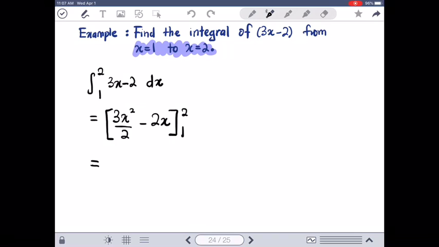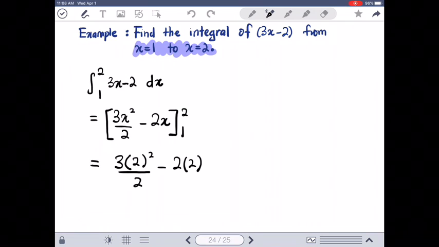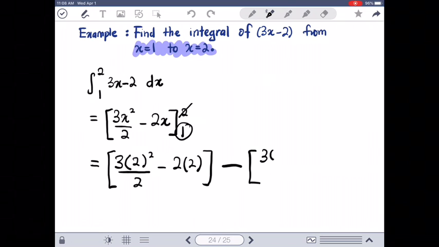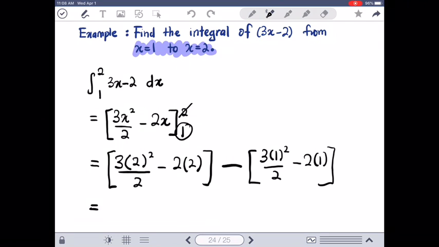So we use the same function, we just substitute x as 2: 3 times 2 squared divided by 2 minus 2 times 2. So substitute the top, then minus the bottom, which means the same function: 3 times 1 squared over 2 minus 2 times 1. And we solve this, you just use your calculator.